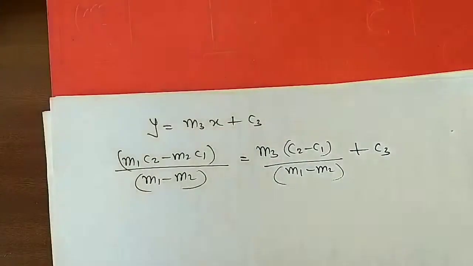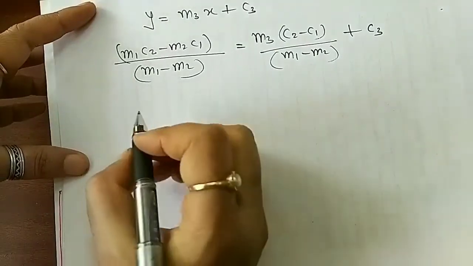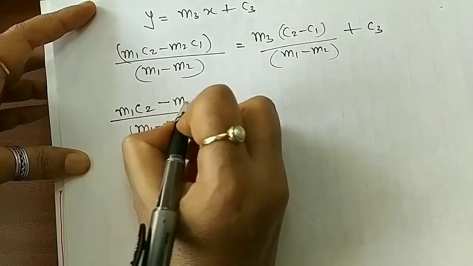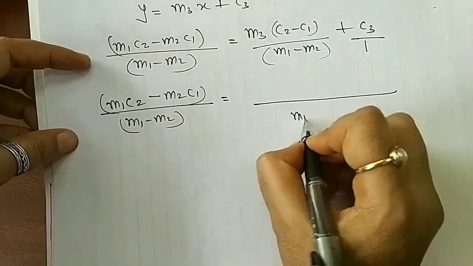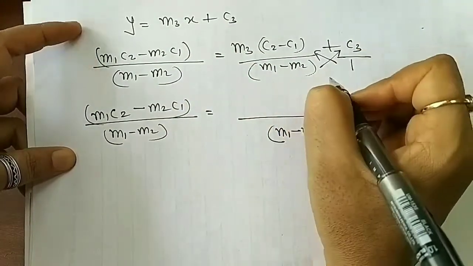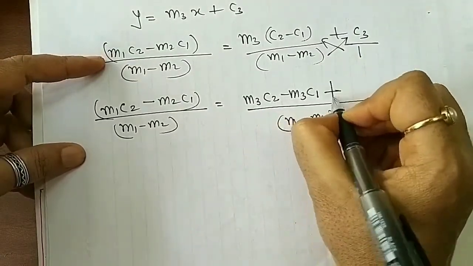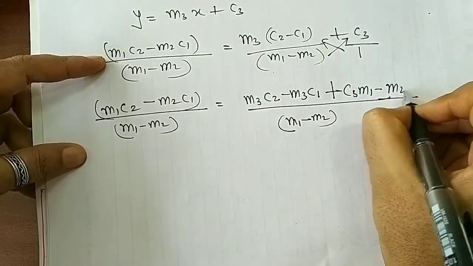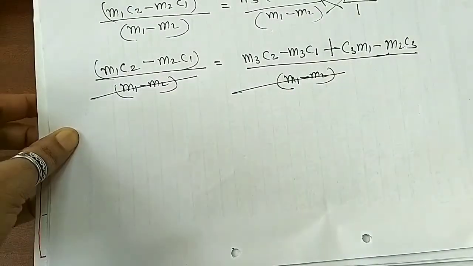Now I just have to solve it. Here m1 minus m2 will be the LCM, the product of these two. So let me simplify: m3 c2 minus m3 c1, plus c3 into m1 minus m2 c3, correct.